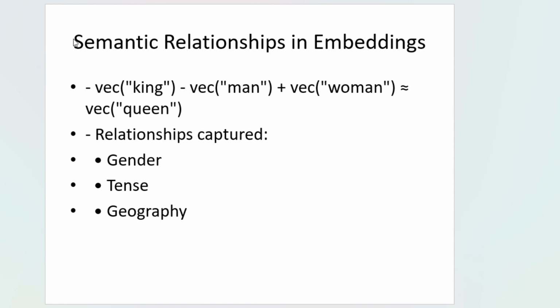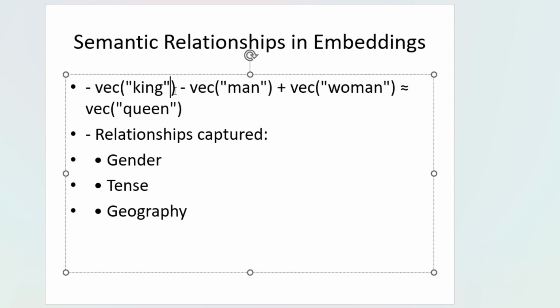Now, semantic representation in word embedding. What is semantic representation? Here you have king, and let us assume four vectors: king, man, woman, queen. Basically, king is the supreme of that kingdom, and he will have all the powers.